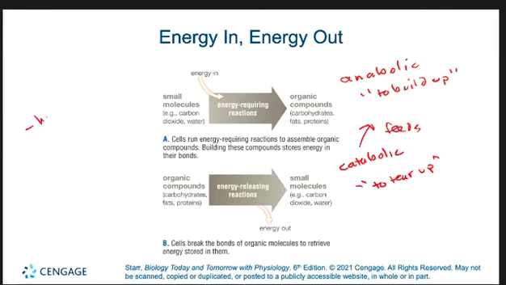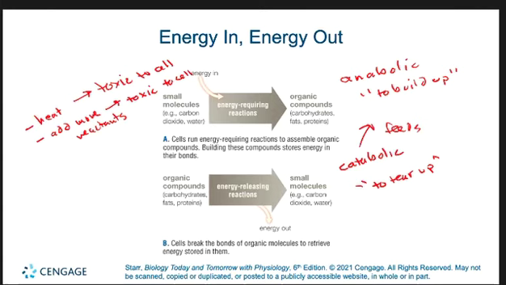So there's several ways to do that. You can heat the reaction up. You could add more reactants. But both of these are toxic to the cell. Heating it up could cook the cell. Adding more reactants could cause water to come into the cell and blow it up through osmosis.